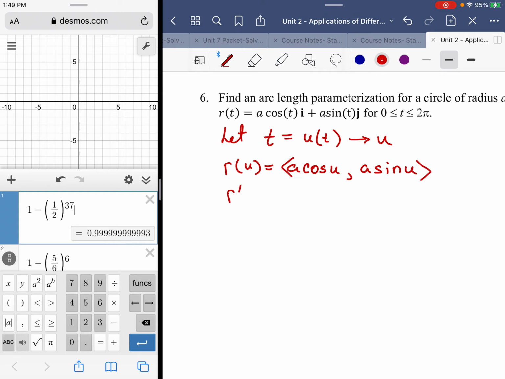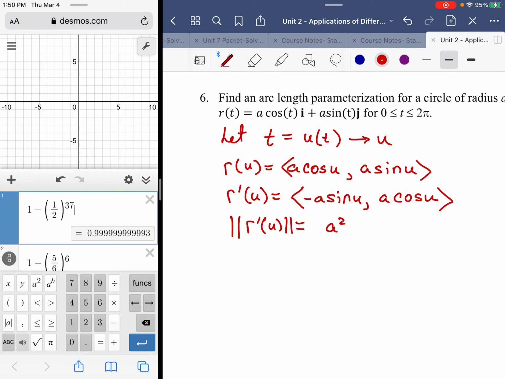So r prime of u is negative a sine u, a cosine u, the magnitude of which, square them up, simplify.